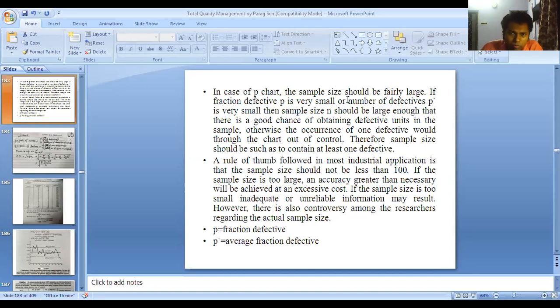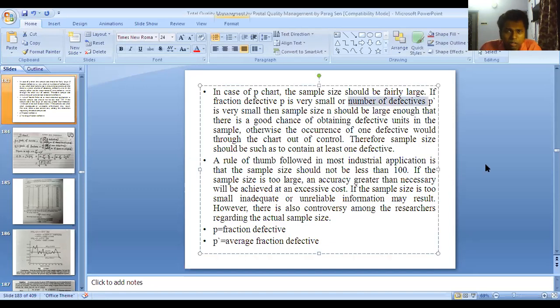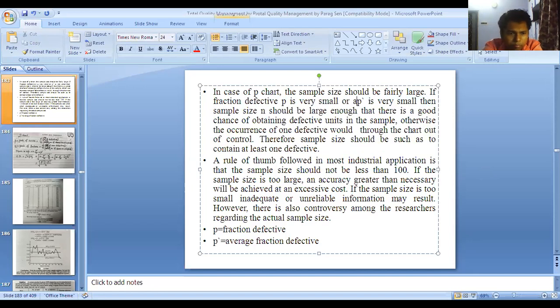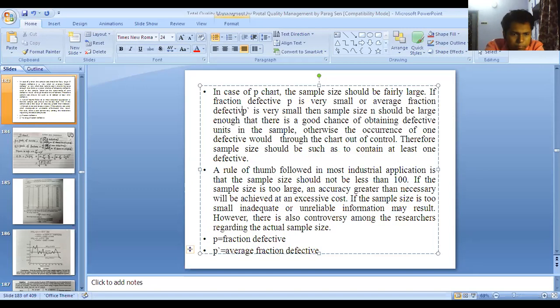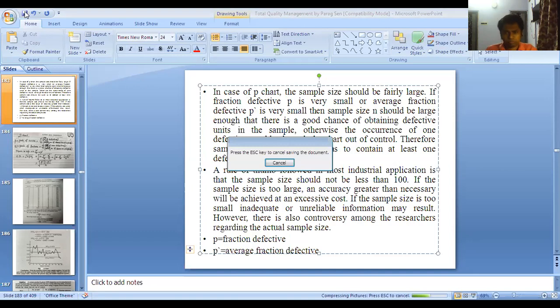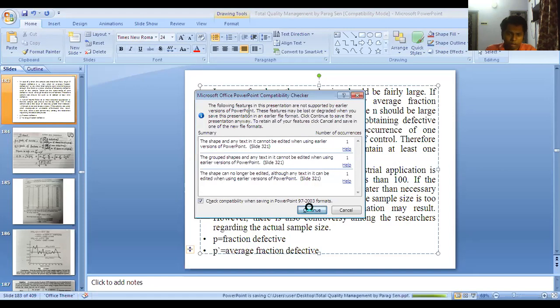So this is a very important thing which we must keep in mind: when we choose our sample size, we should choose it in such a way that in general the sample contains at least one defective item.